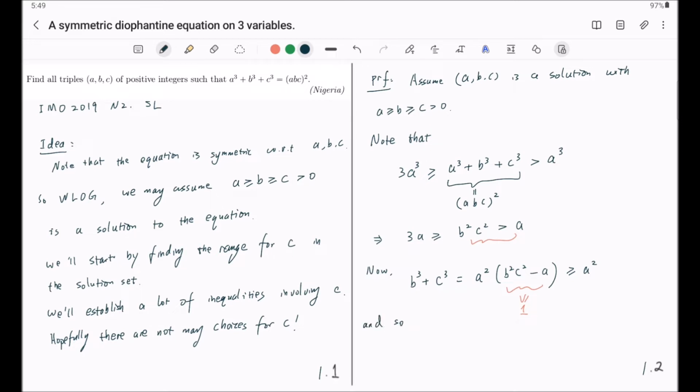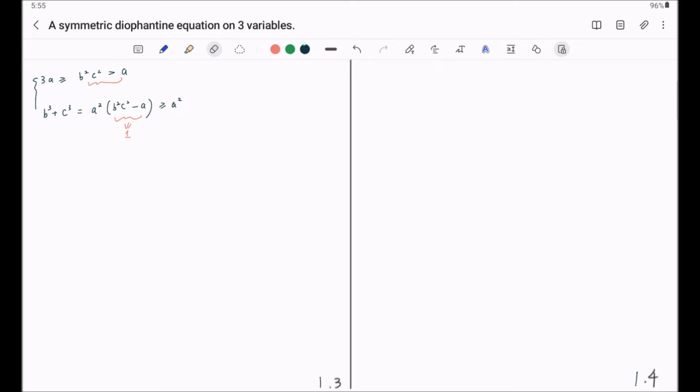Now we're going to find an inequality that only involves c. We're going to start with this inequality.